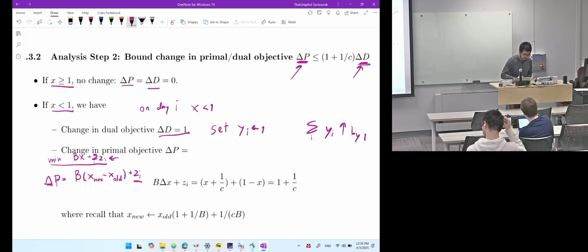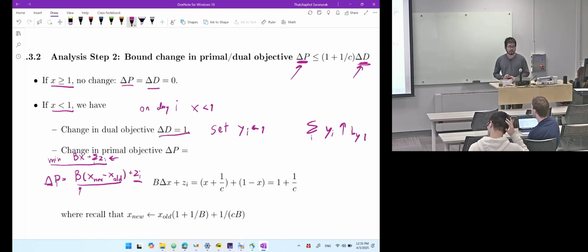It increases by ci, plus how much you increase x times b. So I just write this as b times the change in x, plus ci.